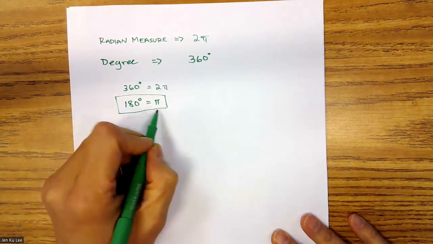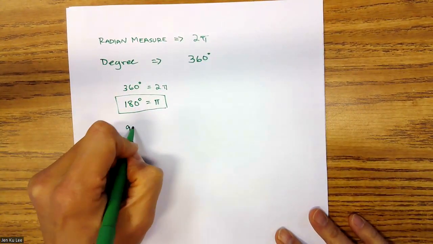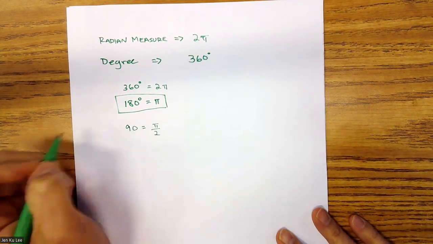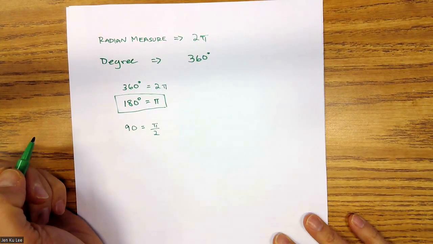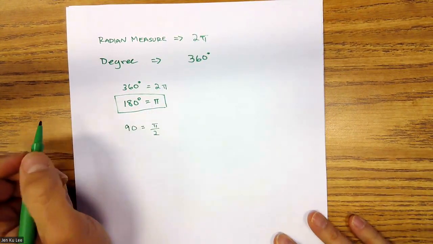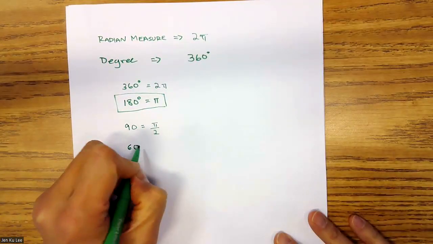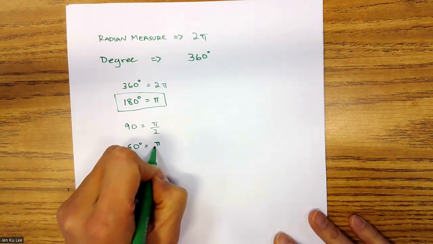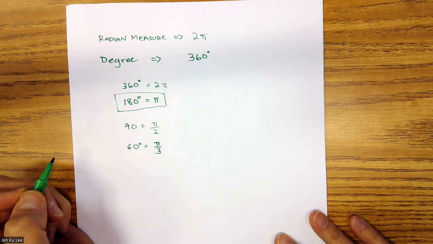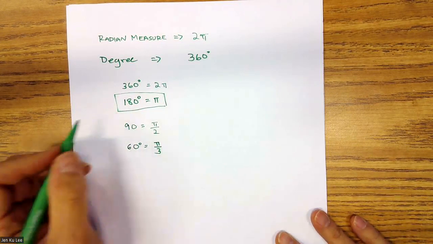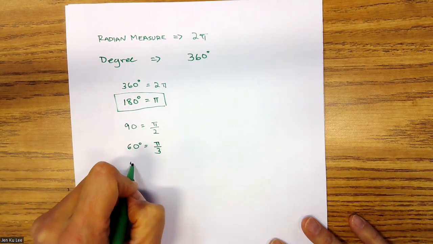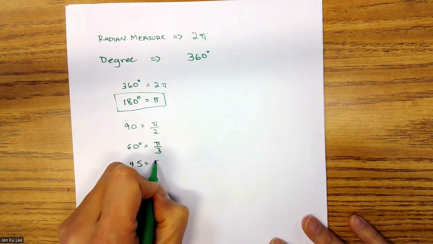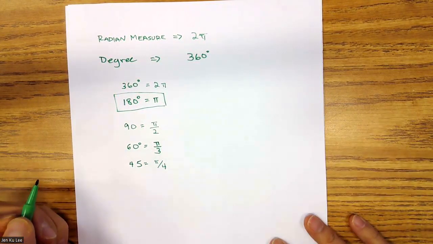If 180 is pi, then 90, which is half of 180, is pi over 2, right? Again, if 180 is pi, then 60 degrees, which is a third of 180, is pi over 3. If 180 is pi, 45, which is a fourth of 180, is pi over 4.